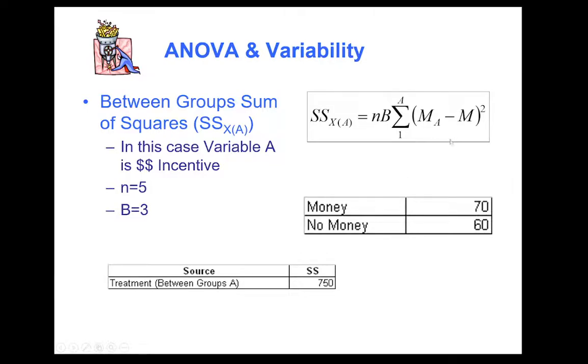So 70 minus 65 is 5, and 5 squared is 25. 60 minus 65 is minus 5, and minus 5 squared is 25. So I sum them up: 25 plus 25 is 50. 50 times 3 is 150. 150 times 5 is 750.